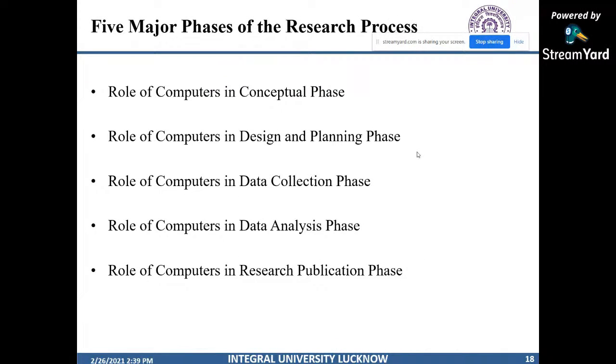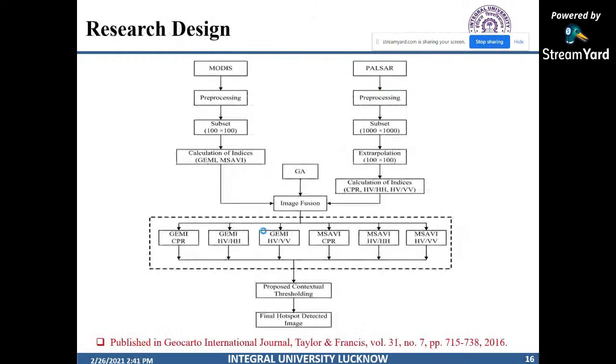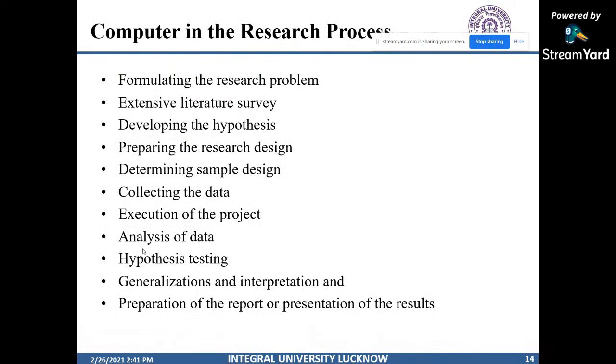Then the next one is phases of the research process. Five major phases are there in the research process. The first one is the role of computers in the conceptual phase. These five phases are all related to these steps.